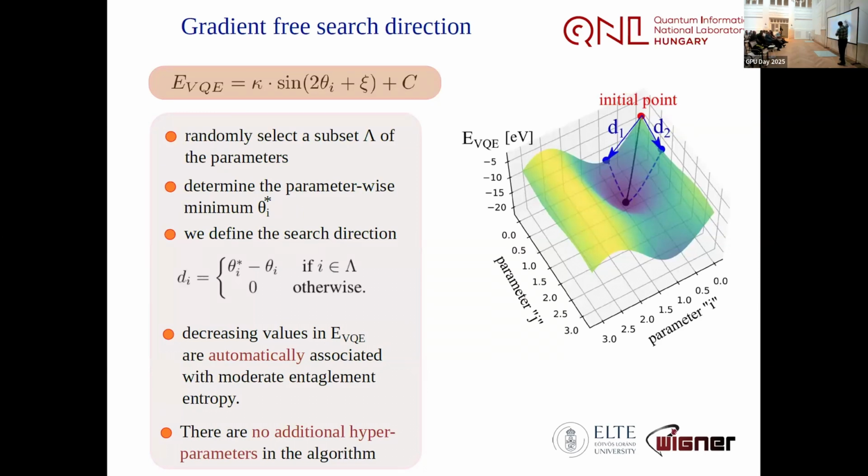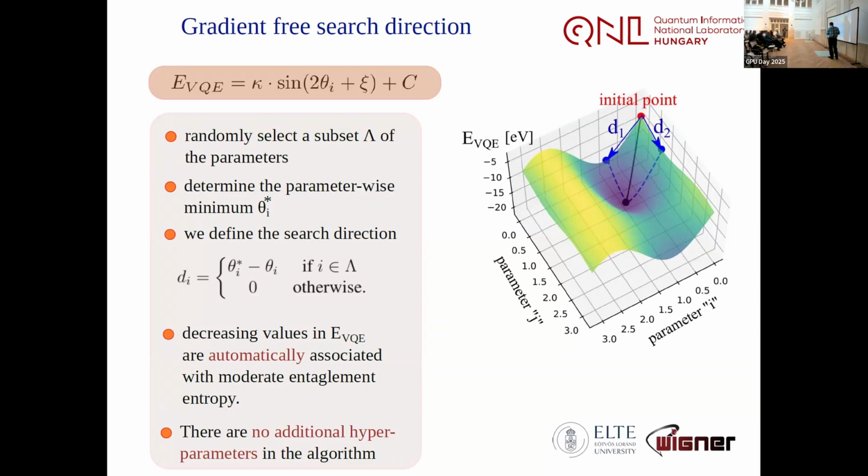And if you define vectors d1 and d2 pointing to these blue points, and you combine these vectors, you can end up with a vector, the black one, deciding on the search direction and also on the range of the line search. This way you can be sure that you are not overstepping the minimum over this line, and it gives you a similar search direction to what you could obtain in a gradient descent method.